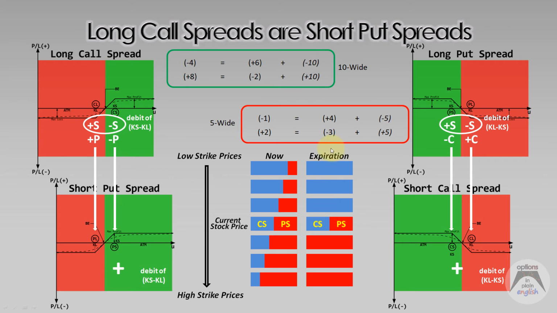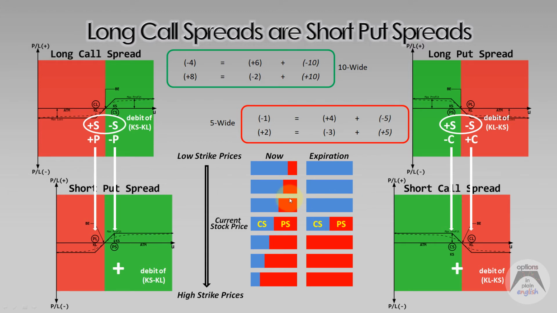So the ones with low strike prices are going to expire at full max value. The ones with strike prices higher than the current stock price are going to expire with no value for the call spread and the full value for the put spread. The put spread is going to expire fully in the money. The call spread is going to expire here with these strike prices fully in the money, and the other side is going to expire fully out of the money. Okay, so that means it's going to expire worthless.